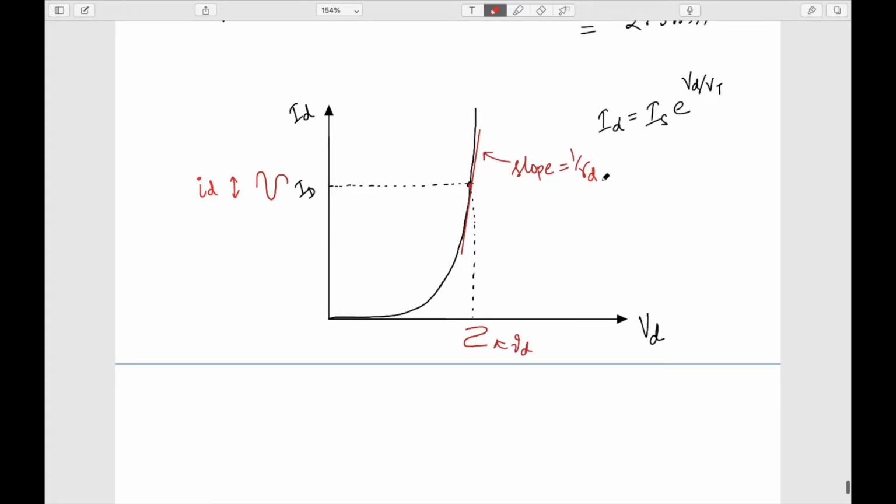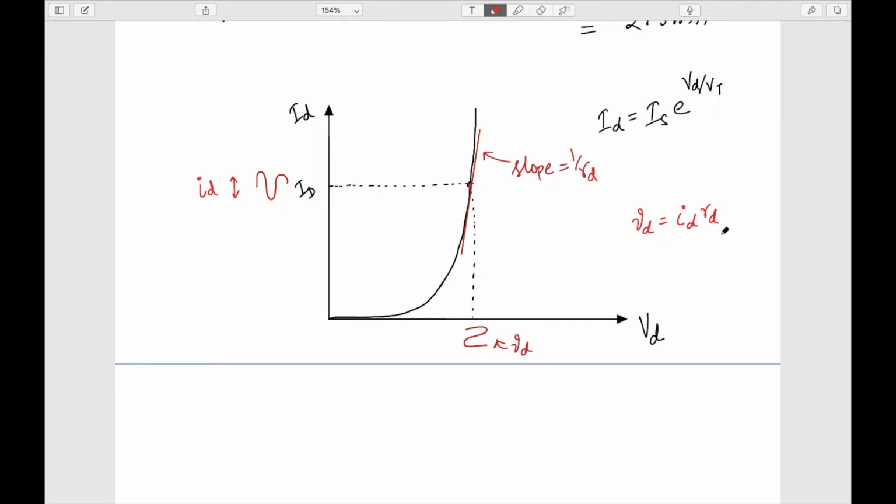If I know this slope, then vd will be equal to id times RD. This is like a simple Ohm's law. My change in current is vd divided by RD, or my change in voltage, if I know the change in current, is given by id into RD.